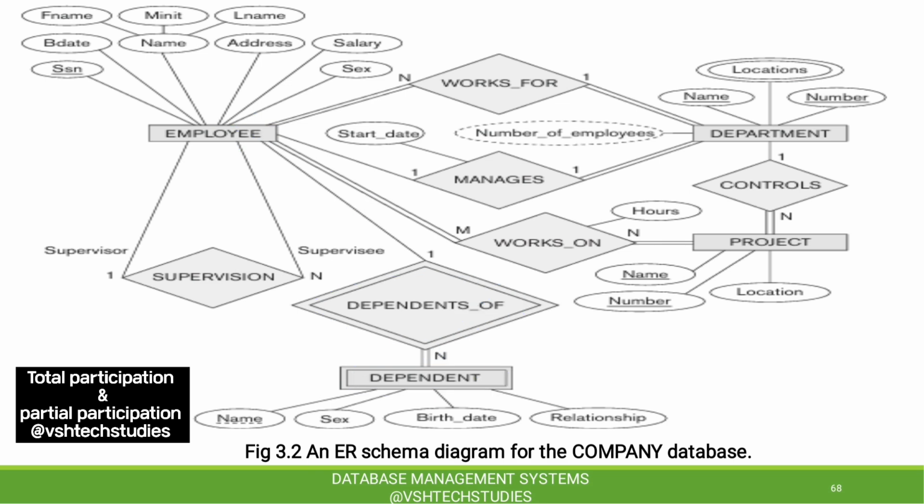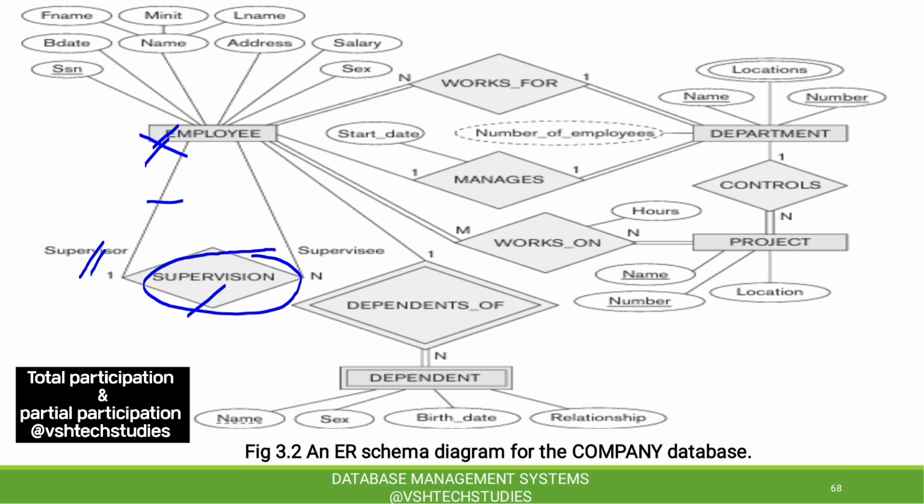As far as supervision relationship is considered, on supervisor role, partial participation is shown because employee entity partially participates in supervisor role in the relationship supervision because all the employees do not do supervisor role. Few employees work as just employees, they do not supervise anybody.